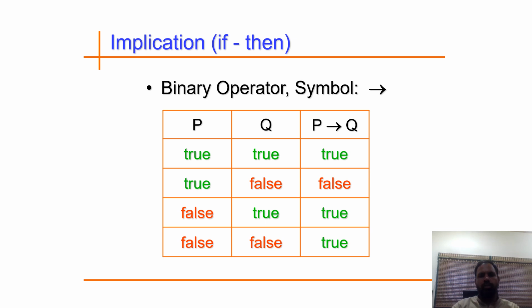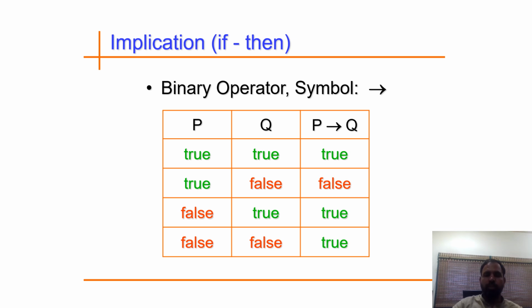These are the values for P and these are the values for Q. P has the values true, true, false, false, and Q has the values true, false, true, false. If both are true, then P implies Q is true. If P is true and Q is false, then it is false.